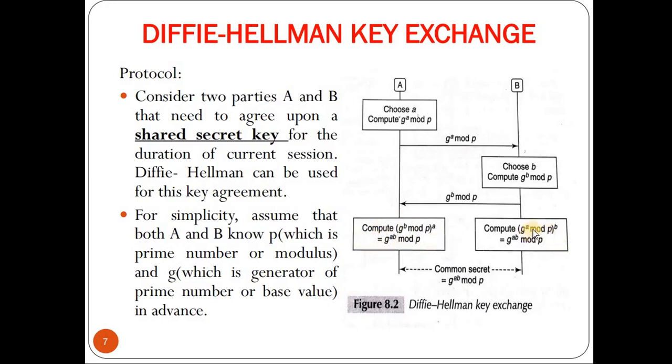Similarly, using the public key of A and the private key of B, we compute the common shared secret key. For the entire session, this shared secret key is used by the two communicating parties. Also, the shared secret key is not communicated over the line; it is individually computed. Only the partial key is communicated over the communication line.